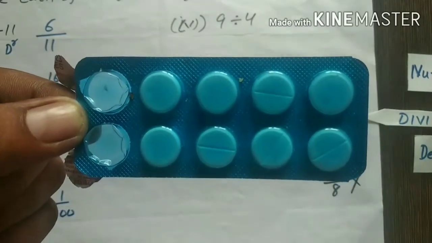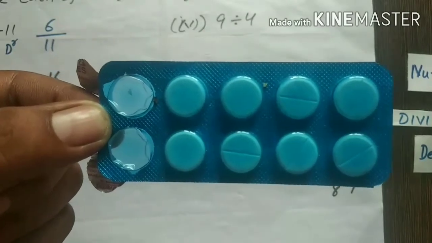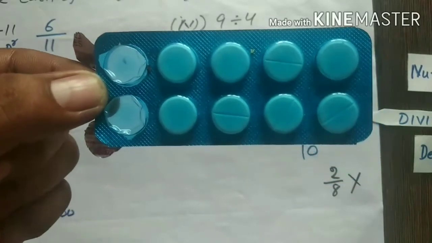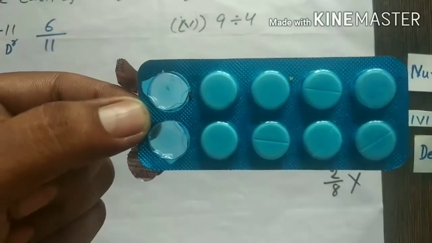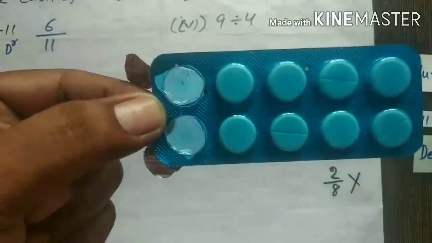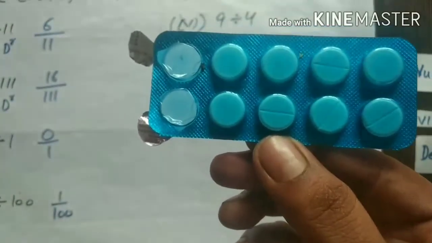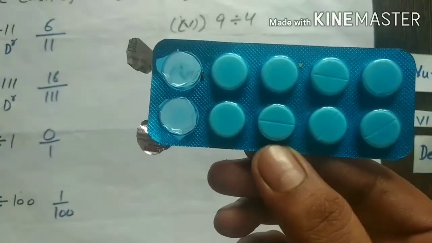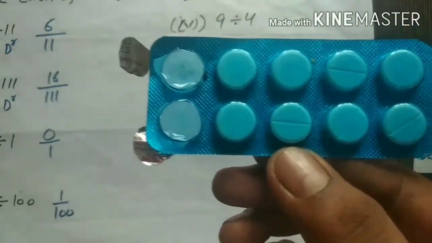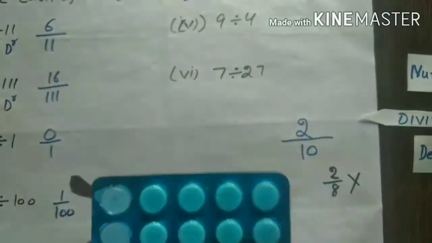The 10 will denote the equal parts of the whole, and the numerator will show the parts we have taken out of the whole. Similarly, the whole was divided into 10 pills and we have taken 2 out of it. So this fraction is 2 over 10 students.